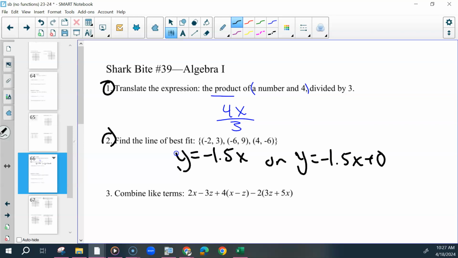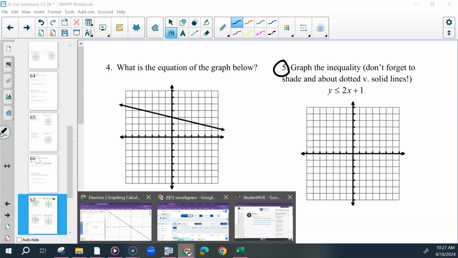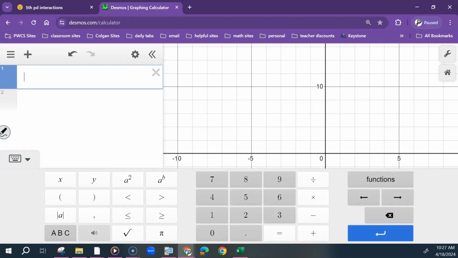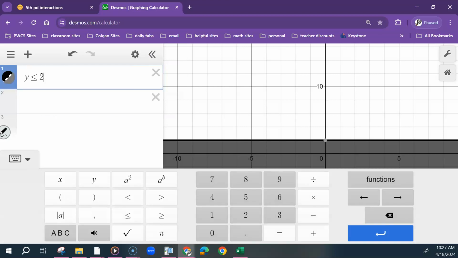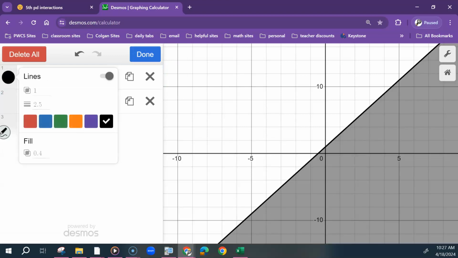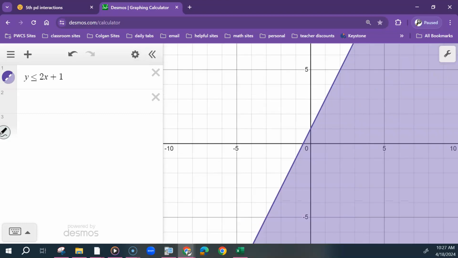Okay, and then number 5. This one I could double check it in Desmos. And I know it's going to be a solid line, shaded below, starting at 1 with a slope of 2.